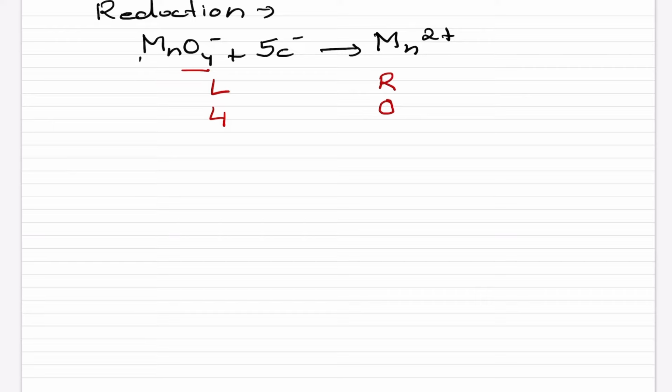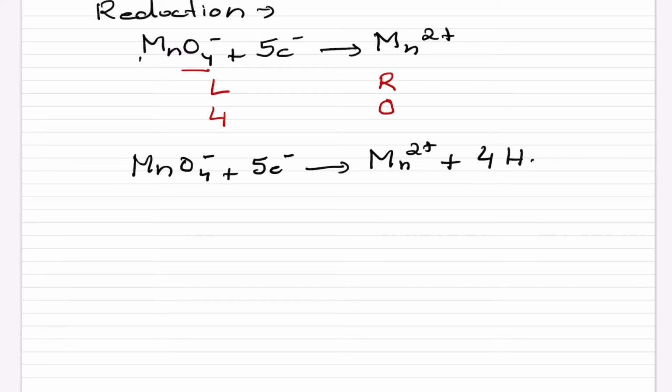So let's write it down. MnO4- plus 5 electrons give you Mn2+, and then here we will write 4 H2O to balance the oxygen.